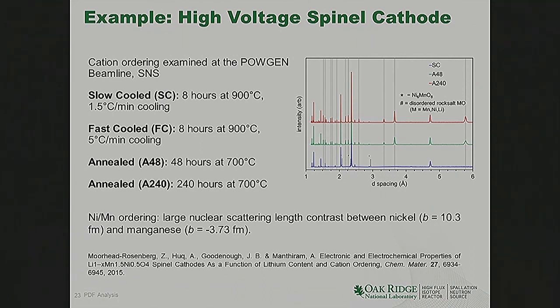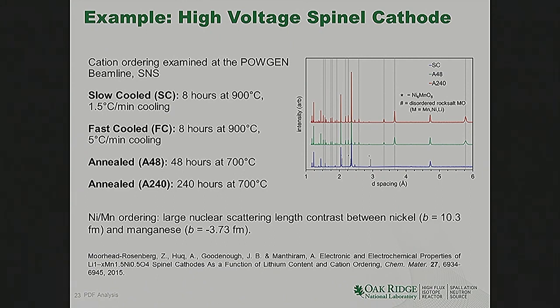And so on average, the average cation ordering of those materials at least partly distinguished why some of them performed a lot better as battery cathodes. Okay, so we have SC-FC. These are slow-cooled and fast-cooled spinels.